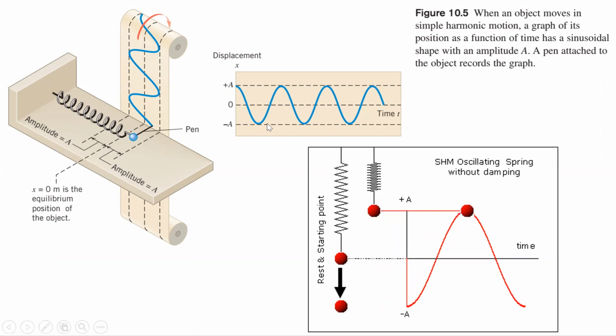The way the body oscillates in horizontal motion is the same as in vertical motion. So when a spring is positioned vertically and a mass is placed on it, it creates a simple harmonic motion with a sinusoidal shape of position as a function of time.